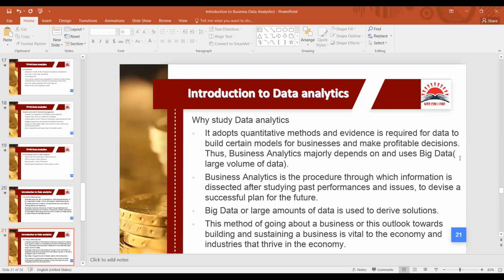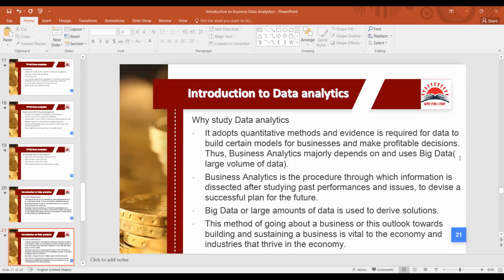Then the question here is, why study data analytics? Because as we do data analytics, we also need to understand why we should do it. Let me say that for companies that are data-driven, data analytics will help the company make profits.